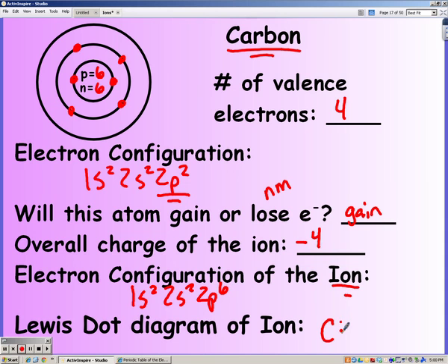So we draw carbon and add the 4 valence electrons. But it gained 4, so we need to add 4 more. That gives us a full outer shell, or 8 electrons altogether. So we have 8 dots around carbon, and a negative 4 charge, representing our 2s and 2p.